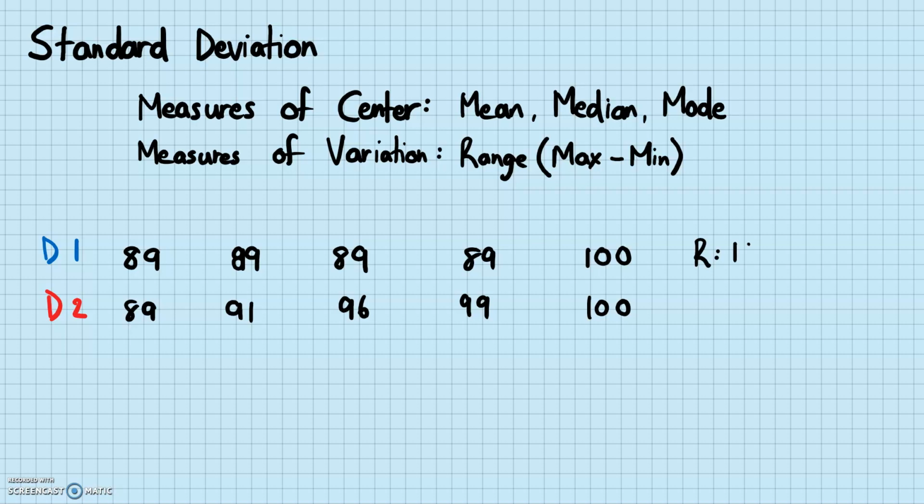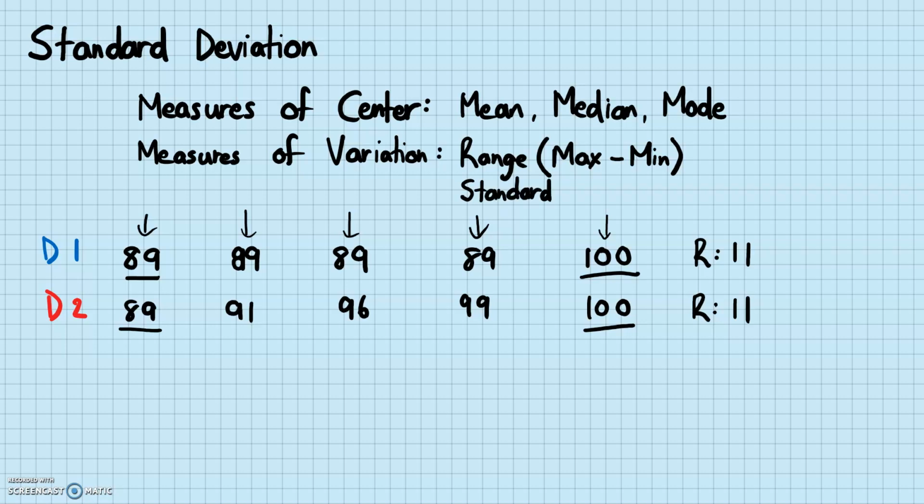The range is going to be 11 for both of these because they have the same minimum and maximum values. But as you can see, the two data sets are very different. Data 1 has the same numbers except for the last one, the maximum, whereas data 2 is well spread out throughout. So that's why we're using another measure of variation, which is the standard deviation.